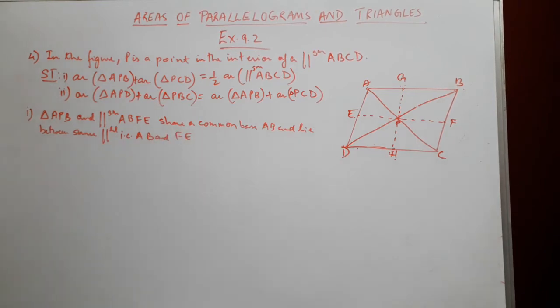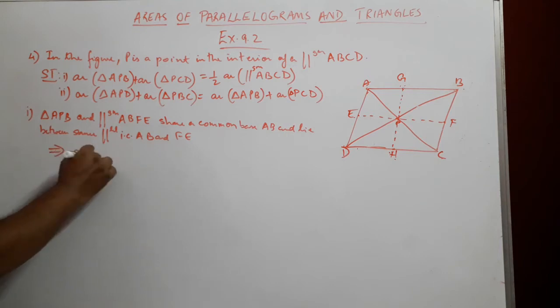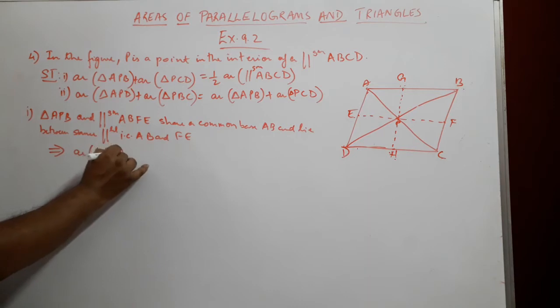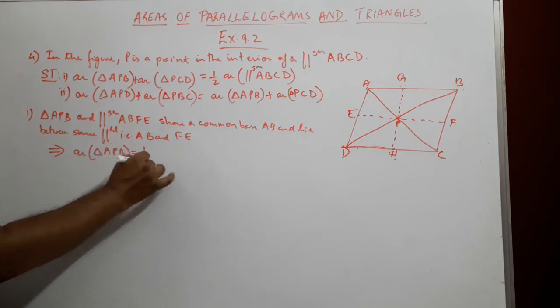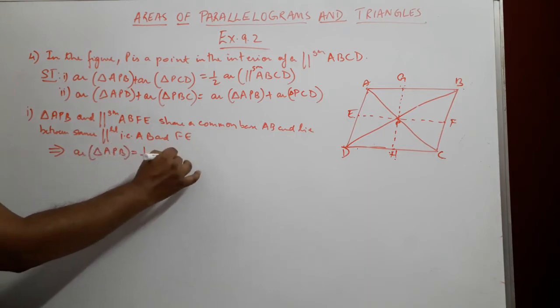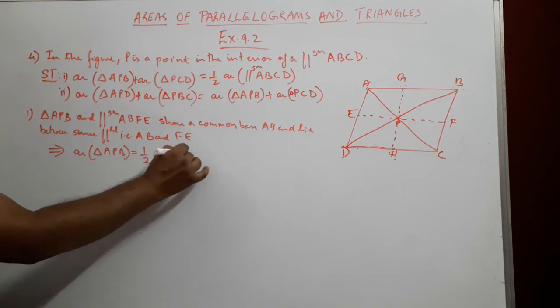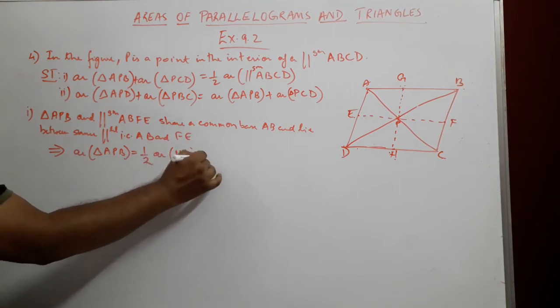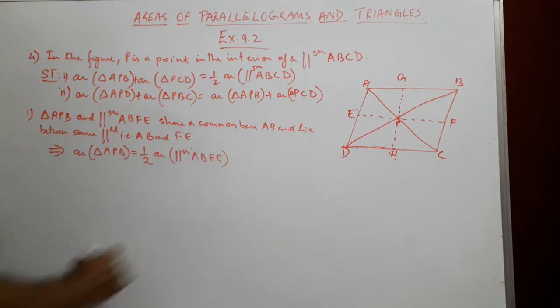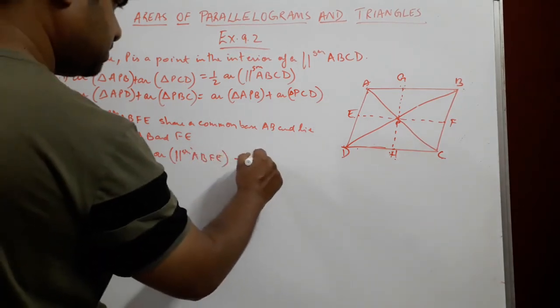Okay, done. So therefore we can say, this implies that area of triangle APB is half area of parallelogram ABFE. Okay, I will mark this as 1.